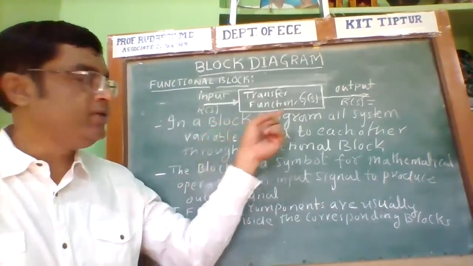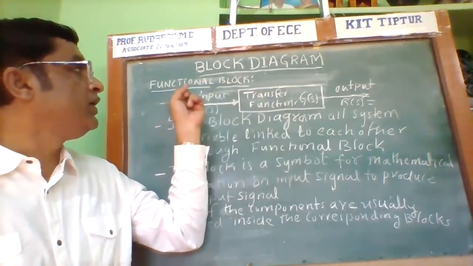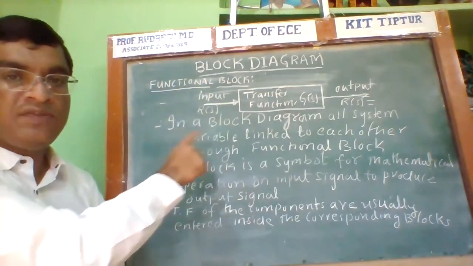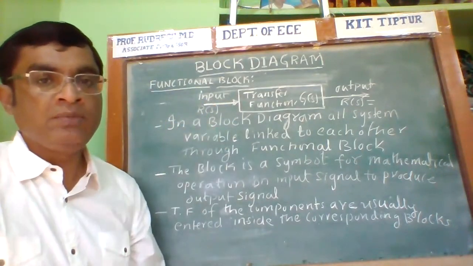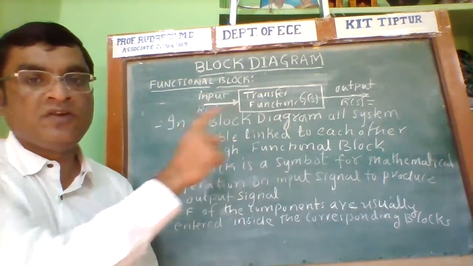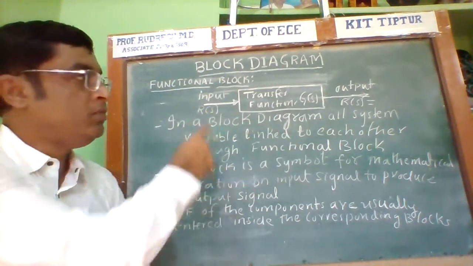Now this is the symbol for indicating the functional block. In a block diagram, all the system variables are linked to each other through the functional block.